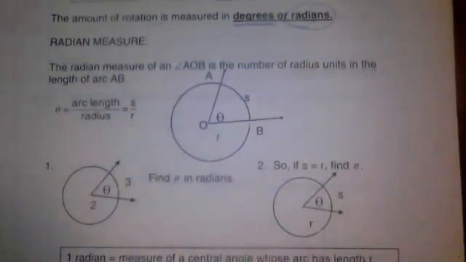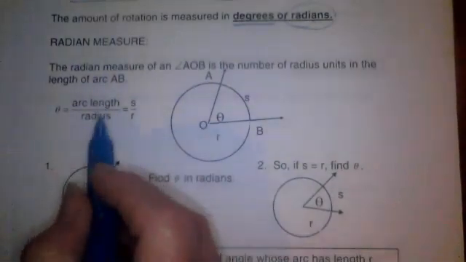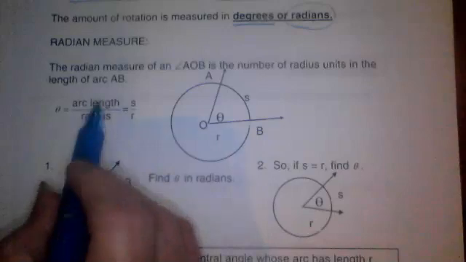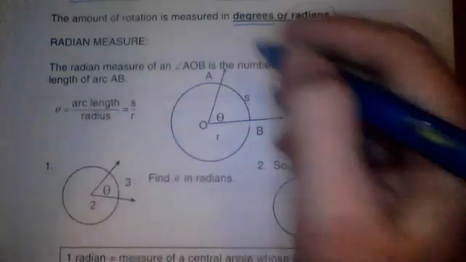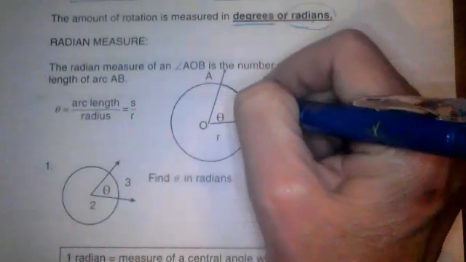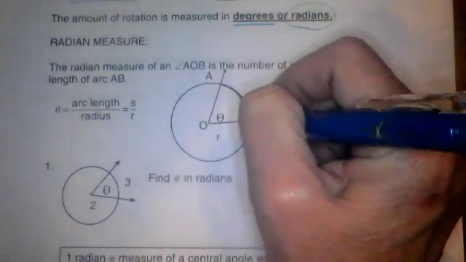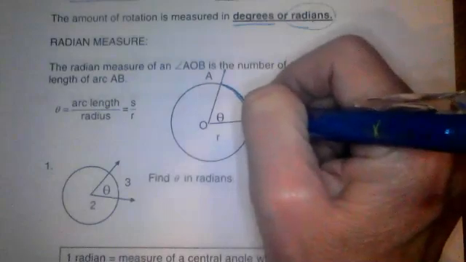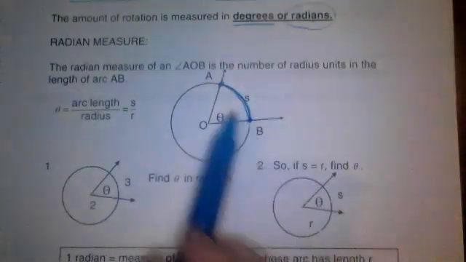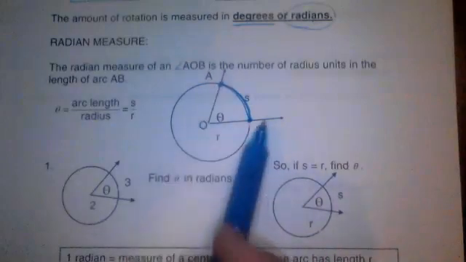A radian of an angle is its arc length divided by the radius. Arc length divided by the radius. And if you look in this picture over here, arc length is the length of the intercepted arc of the circle that this angle goes through.